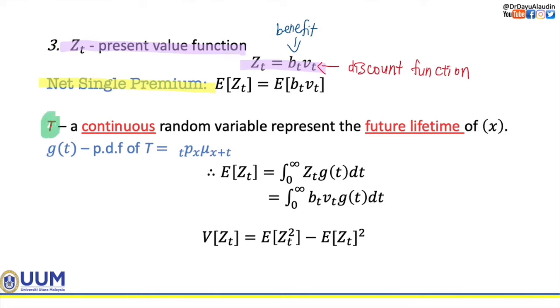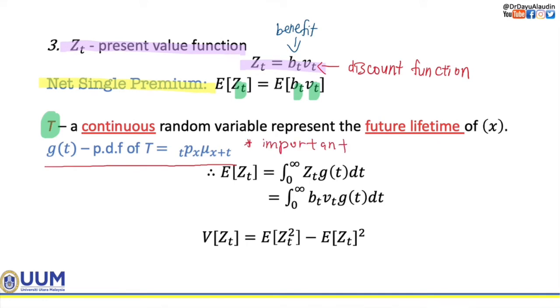T is a continuous random variable representing the future lifetime of X. So gT is the PDF of T, which is tPx mu x plus t.